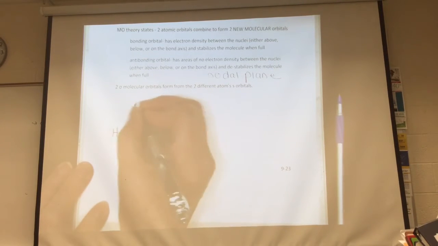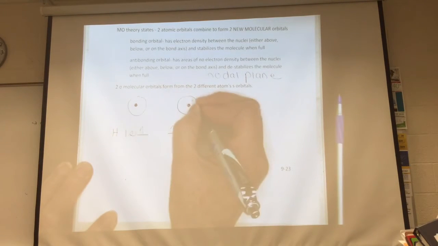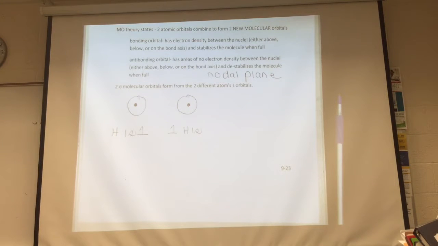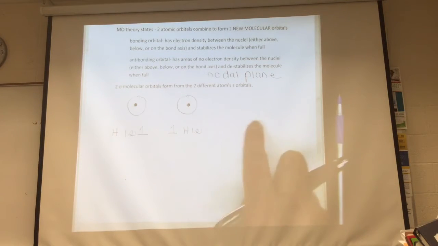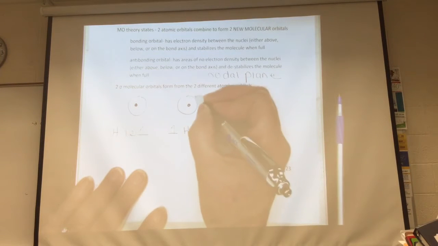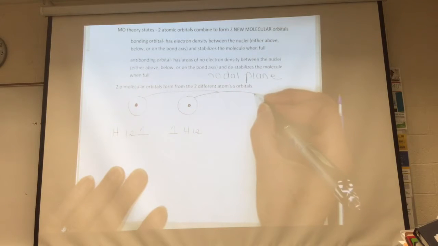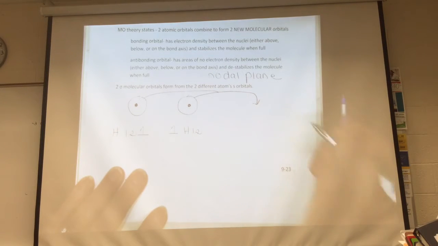They are far apart, and they each have a spherical 1s orbital. Now, when these two move together into close proximity, these two orbitals come together and they combine. And they make two new orbitals.